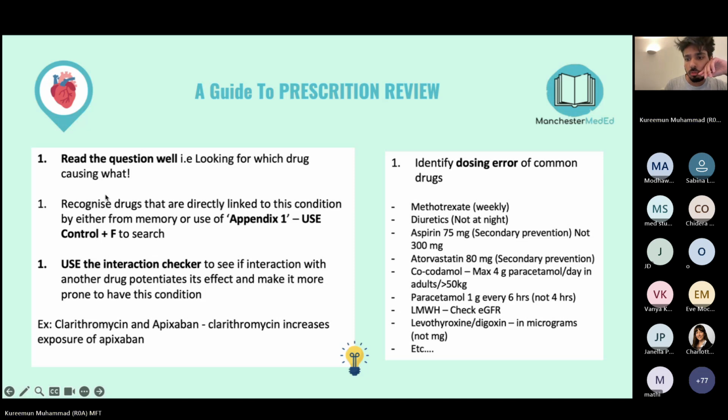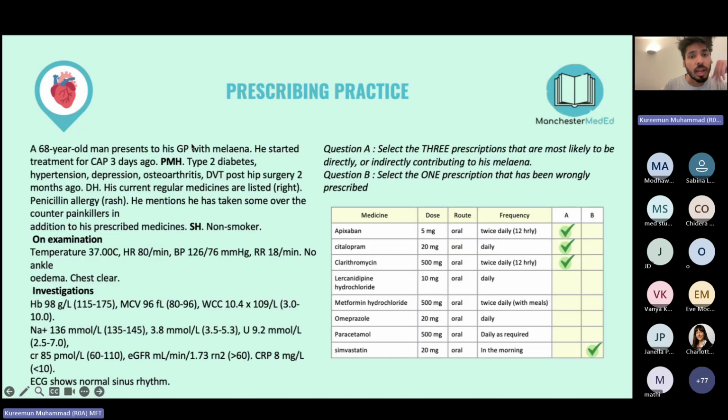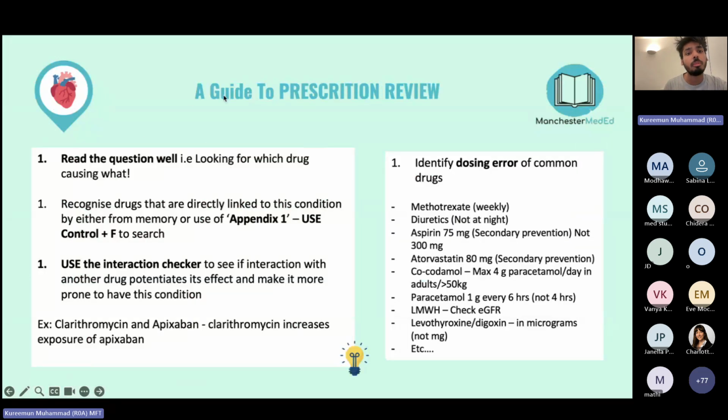So fine. And then the second question was, yeah, has been wrongly prescribed. So in the prescription bit, what they're asking you is to look at which one, when the doctor has prescribed, has been wrongly prescribed. So for example, here, I've written a list of medications that they can trick you with. So methotrexate is usually prescribed weekly, not daily.